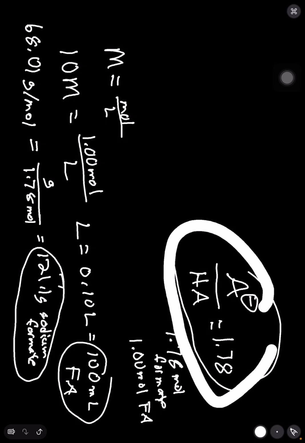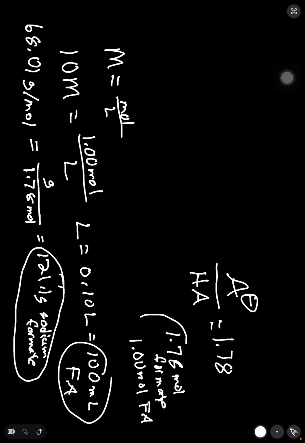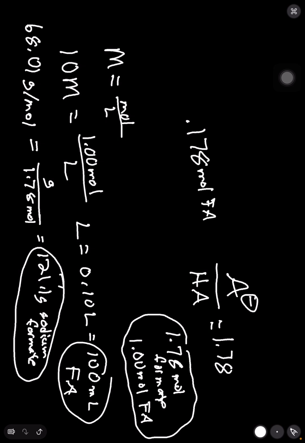So, we talked about using 1.78 moles of formate and 1 mole of formic acid. You can scale both of those back down by maybe a factor of 10 or something. You could use instead 0.178 moles of formate and 0.1 mole of formic acid.